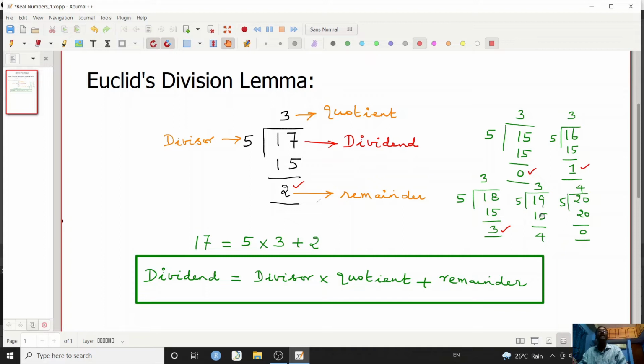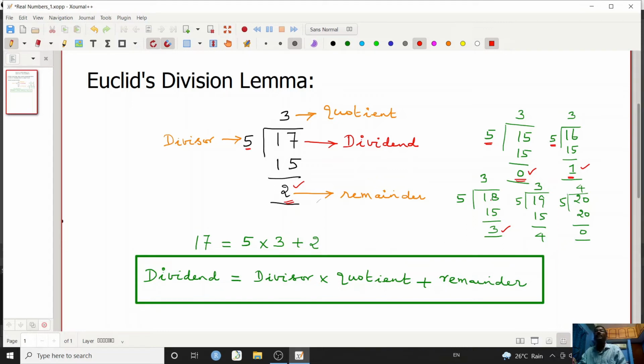Now, when you look at the remainder in each case, remainder 0 is less than the divisor. In this case, when 16, remainder is 1, which is again less than the divisor. When it is 17, remainder is 2, which is again less than 5, namely the divisor.